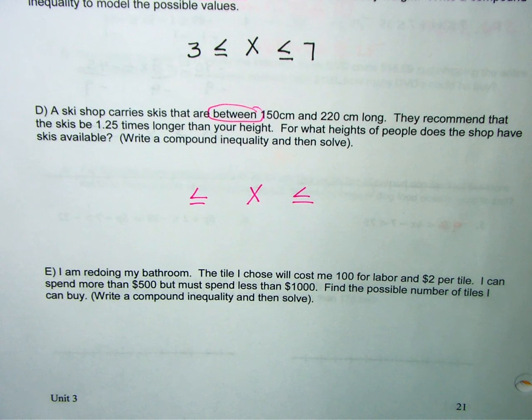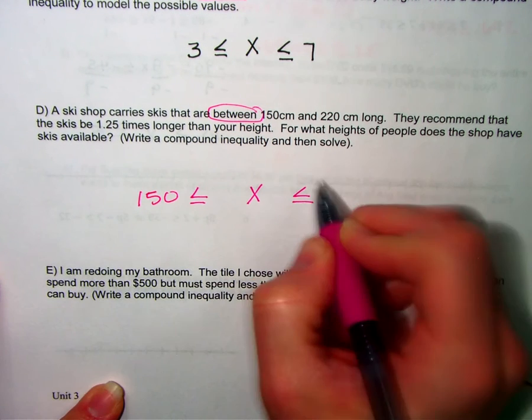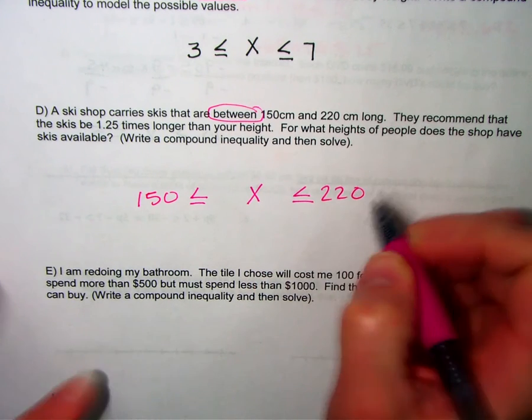Why does it matter what the size of the skis are? Well, it depends on how tall you are, right? So your height and your skis should be similar to each other. So 150 here and 220 here.